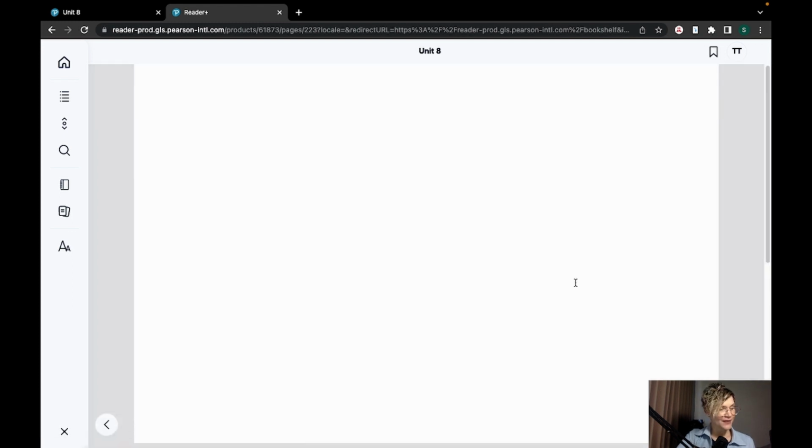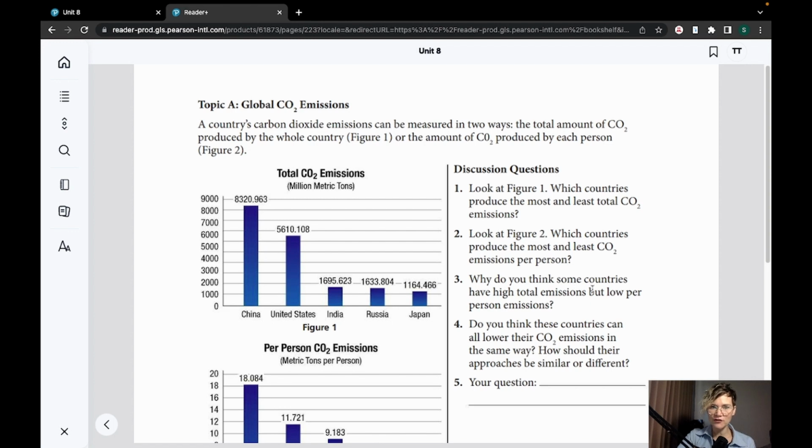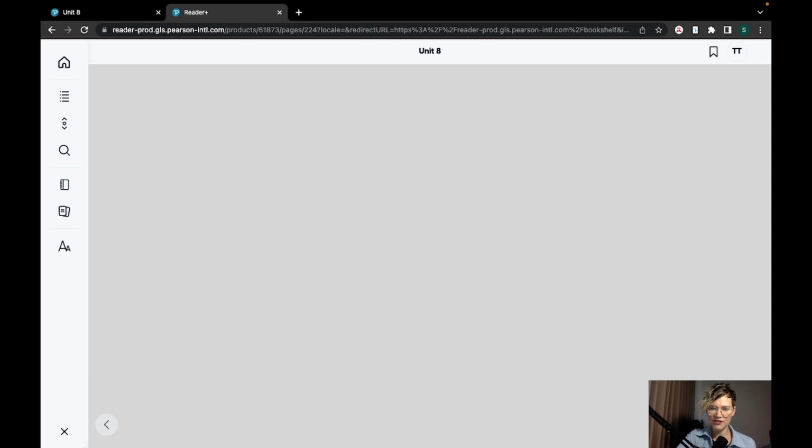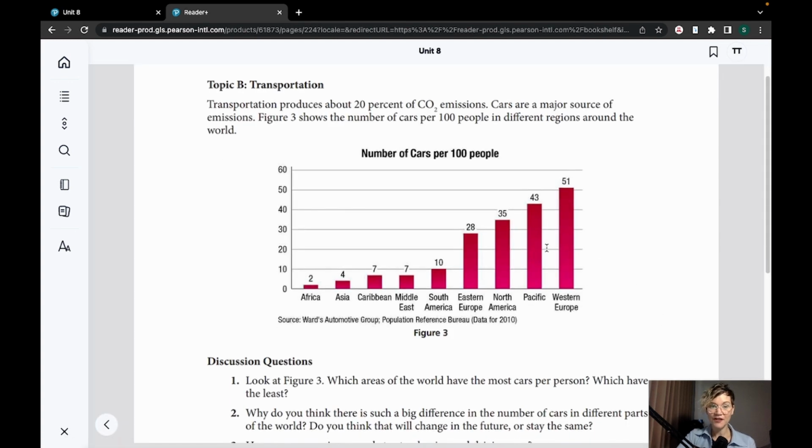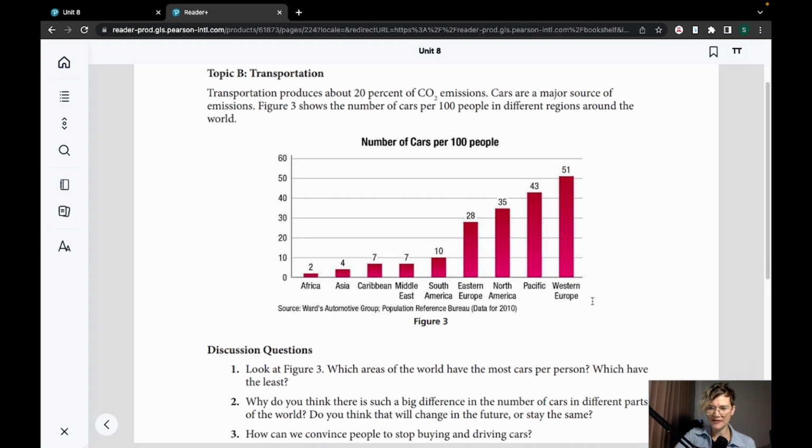And here, as I told you before, are examples. You need to use visuals. So I want to see pictures that present what you're talking about and statistics that present evidence. Yeah. So here are examples of global CO2 emissions, the bar graph, and some example discussion questions. Yeah, you guys only need to take one, otherwise it's going to be way too long. Another subtopic could be transportation. This is another bar graph with some example questions.